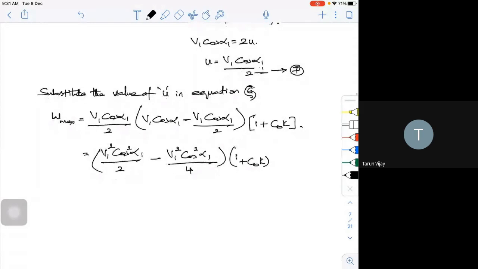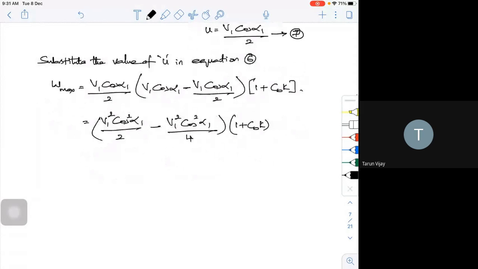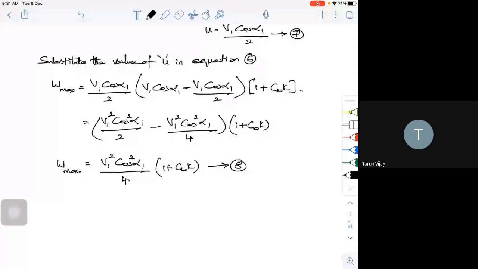So this is v1 square cos square alpha 1 by 4 into 1 plus cd into k. This is my generalized maximum work done.